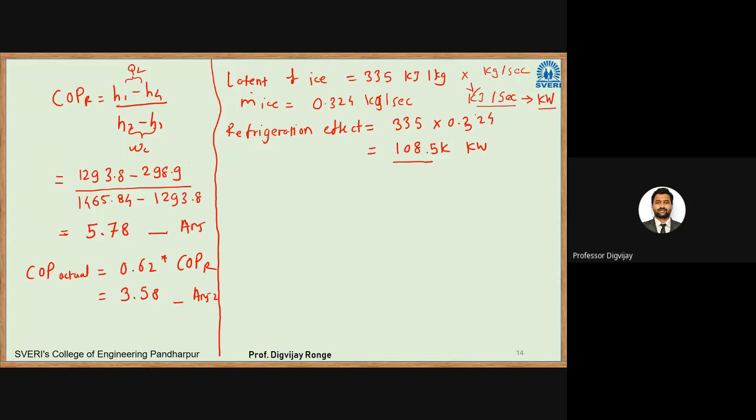Now we have calculated the refrigeration effect. We have the value of COP. Now we can easily calculate the compressor work. Okay, so COP actual will be equal to refrigeration effect divided by work required.